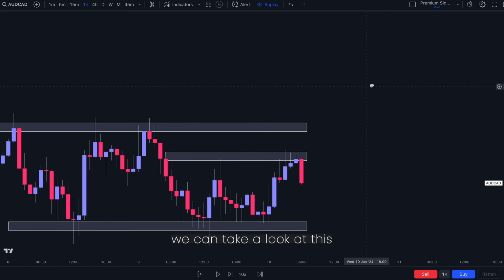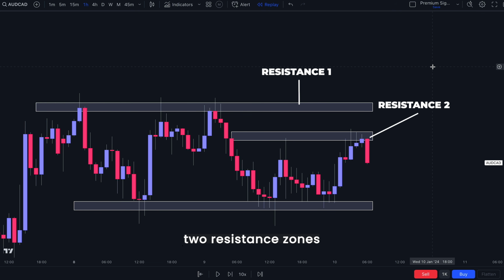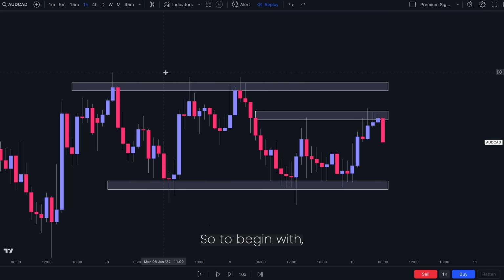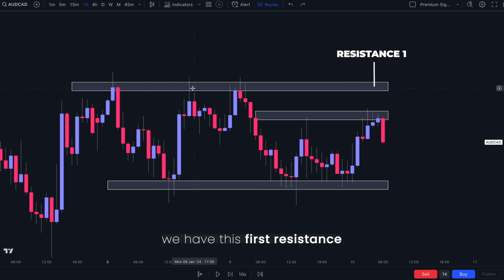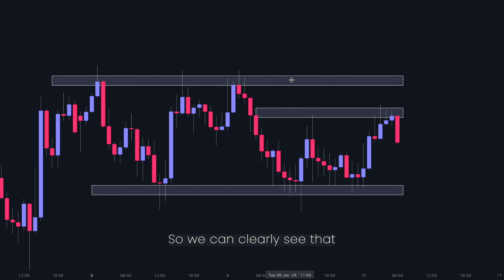So again, if we take a look at this chart, we can see that we have two resistance zones to look at. To begin with, we have this first resistance at the top, and we can clearly see that this would be the main resistance, and usually traders would mark just one on the same time frame, which has the most significance to it. We can clearly see that the price pulls back down every single time it reaches this resistance level.